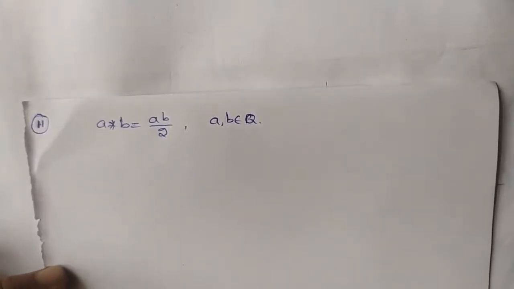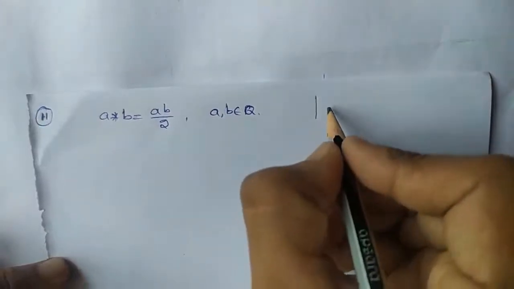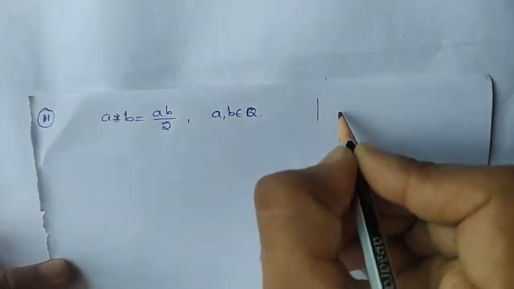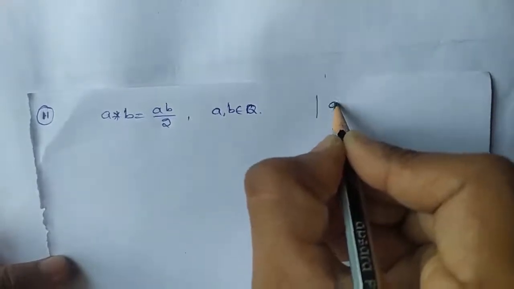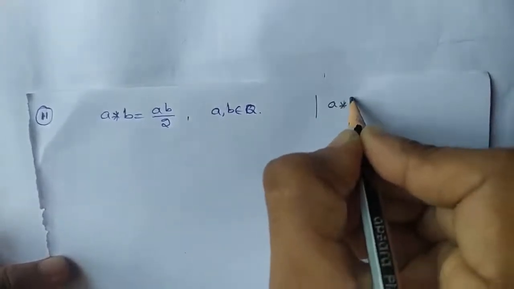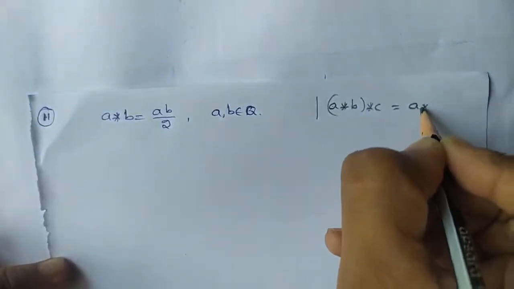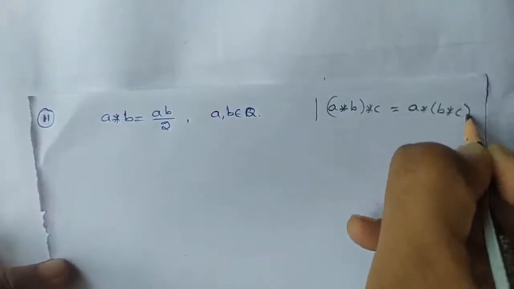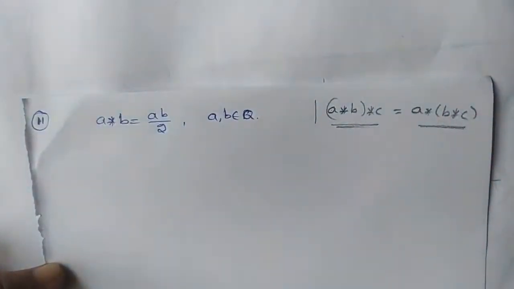For this you need to remember the property of associative. So what is the property of associative? A star B star C equals A star B star C. This must be equal. Let us verify.